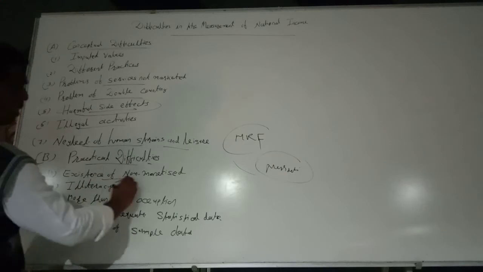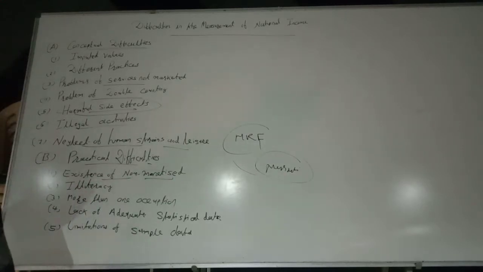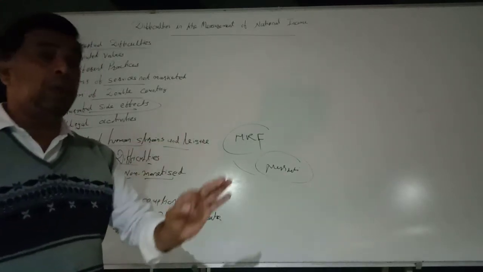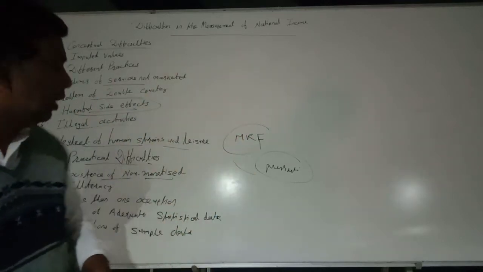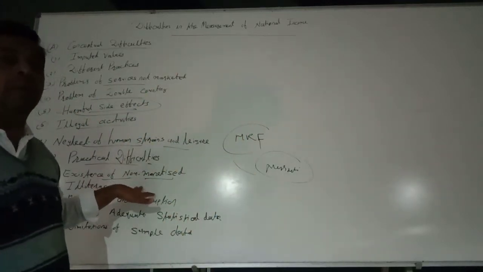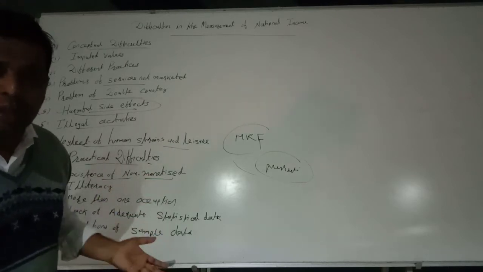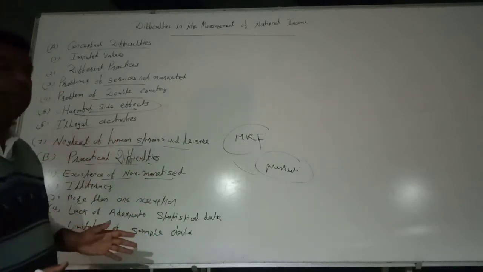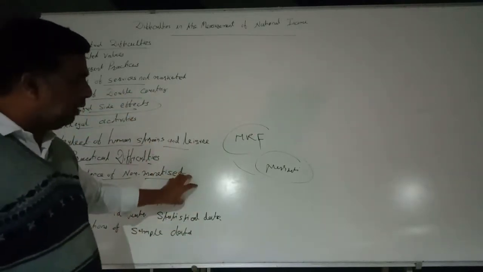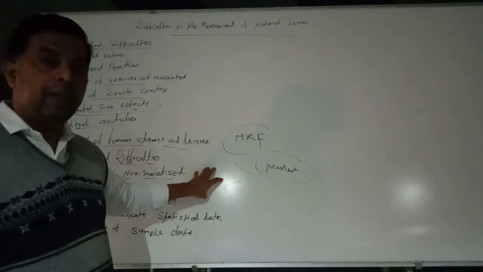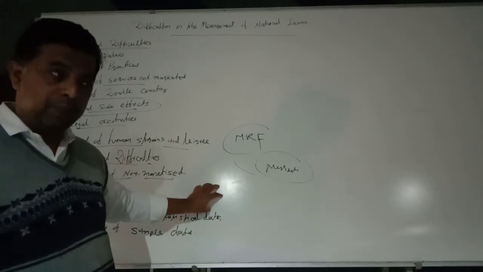First, existence of non-monetized sector. National income is the money value or market value of all the final goods and services. अगर money value ही नहीं होगा तो how can you calculate national income? In underdeveloped countries, there is still an existence of barter system. A significant proportion of food grains is kept for self-consumption.